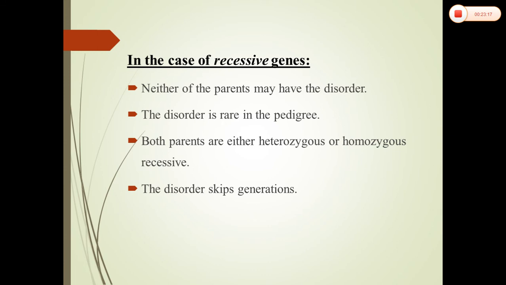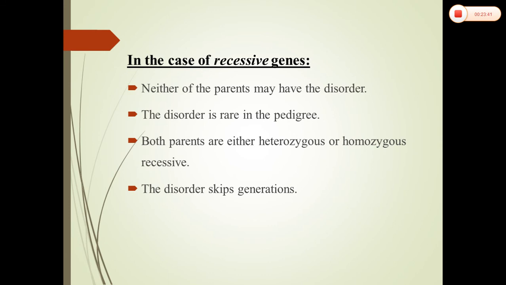So the trait can skip generations. Dominant genes are expressed in every generation, but recessive genes can skip a few generations. So first you have to identify these two things. As soon as you start reading the pedigree chart, first you will see whether the parents are affected.